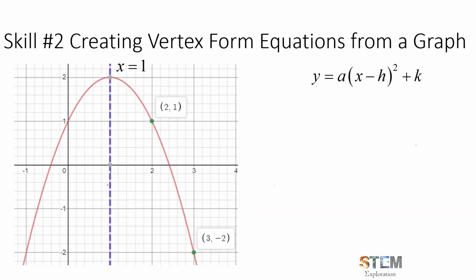So another example that I want to look at here is creating a vertex form equation from a graph where we have 2 points and an axis of symmetry. And I'm going to consider this axis of symmetry sort of as a third ordered pair, even though it's not. I can't really go say that this is (1, 2).